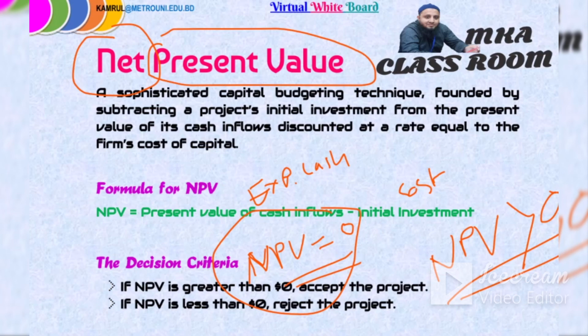That's why the financial manager will always try to avoid such decisions. The financial manager always tries to take the decision where net present value is greater than 0. That is our accepted decision. Otherwise it should be rejected.